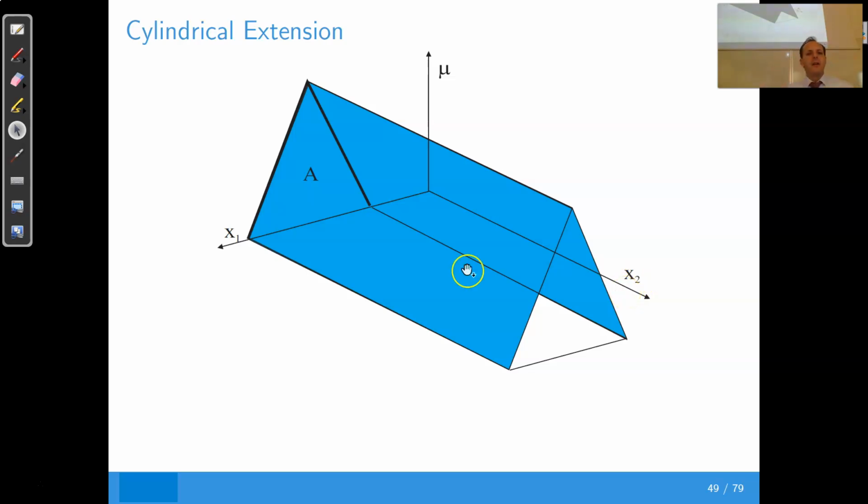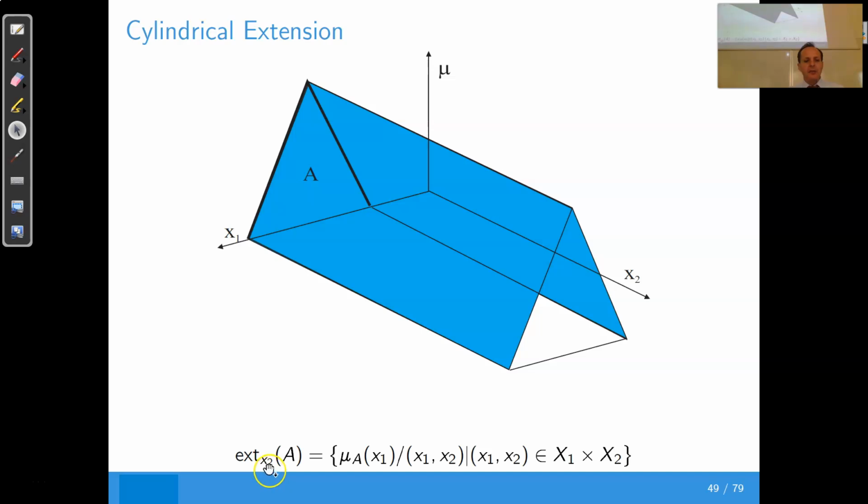So you have what we call cylindrical, because it's orthogonal to this space. From a graphical point of view it is very clear.